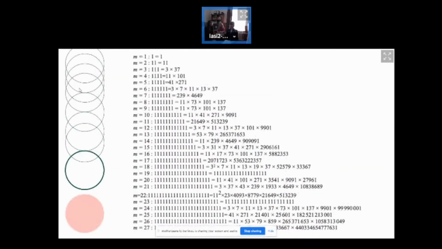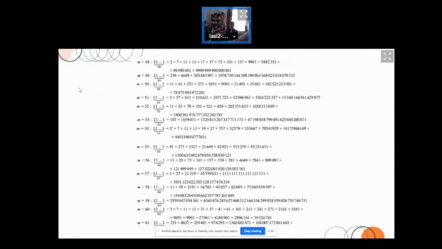Some of the more notable ones are m equals 19, which is prime, and m equals 23, which is prime, which will also be some of the prime factors. When m equals 71, the Scientific Workplace program did not work. And when it was 73, it also didn't work, probably because of the big number of prime factors.